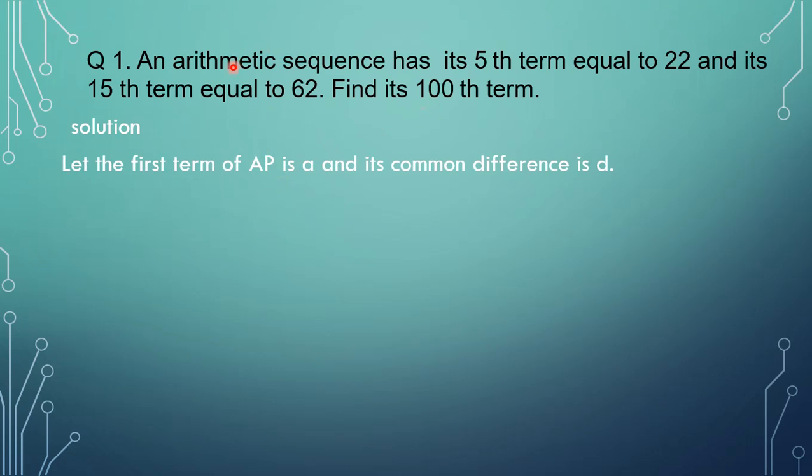As this is the arithmetic progression, so we can define the first term of AP is A and the common difference is D. Now it is given that fifth term is equal to 22, so we can write A5 is equal to 22. A5, that is fifth term, and A15 is 15th term, is equal to 62.